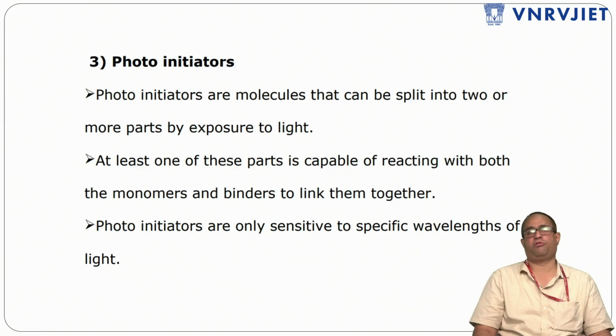Coming to photoinitiators, a photoinitiator splits into two or more parts when the liquid is exposed to light. These photoinitiators are only sensitive to specific wavelengths of light, whether UV laser or UV light, depending upon the type of liquid we are going to use.